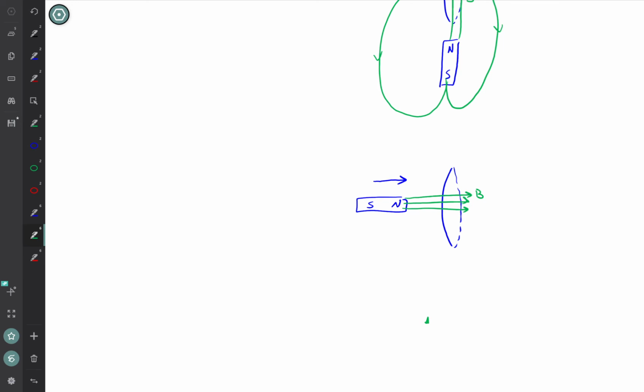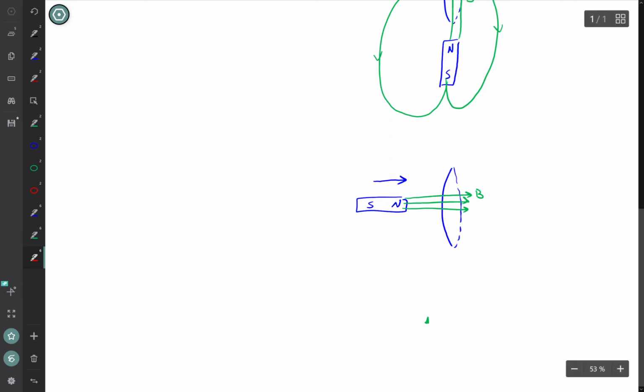So it's going to create an induced magnetic field such that it will oppose the actual magnetic field, because it is increasing. To decrease it, it will create a magnetic field in the opposite direction.